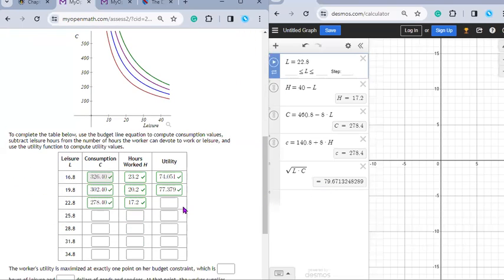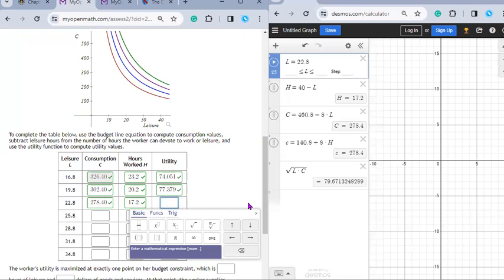And my utility has still increased, right? Why? Because consumption is still relatively abundant and leisure is still relatively scarce, right? So utility is still going up, 79.671.